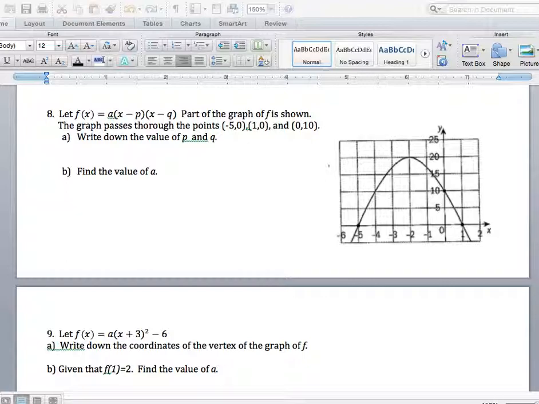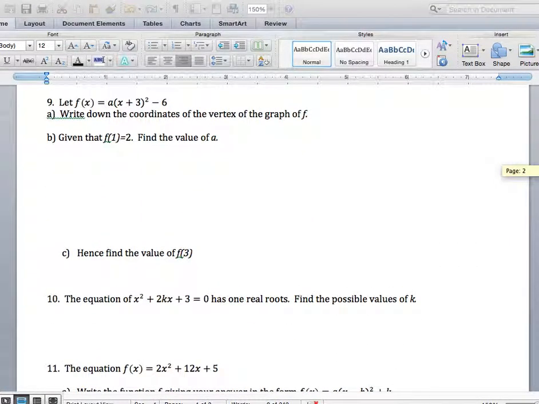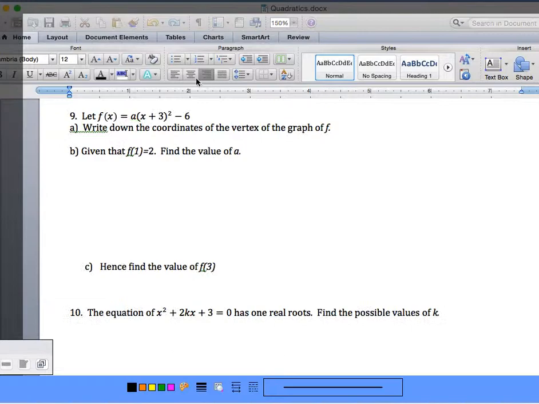And we'll take a look at number 9 as well. Let's see, number 9 here, it is in vertex form. Write down the coordinates of the vertex. Well, that would be the opposite of 3. And so -3 and -6 are h and k. Given that f of 1 equals 2, find the value of a. So we have that coordinate (1, 2).